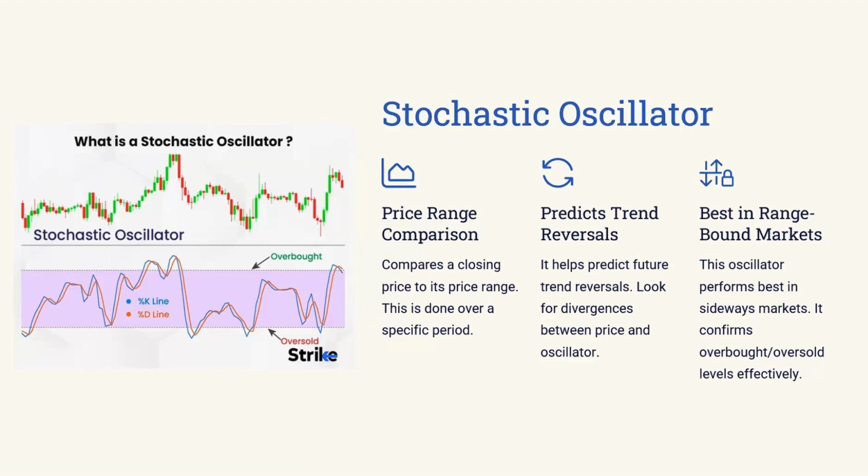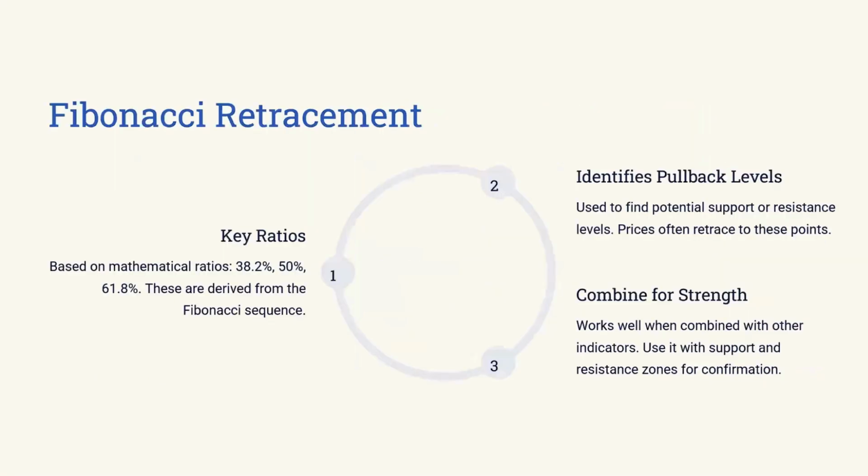And next, we will proceed to the next slide, which is about Fibonacci retracement, another indicator. Fibonacci retracement is a popular technical analysis tool based on the Fibonacci sequence, a series of numbers where each number is the sum of the two preceding ones.